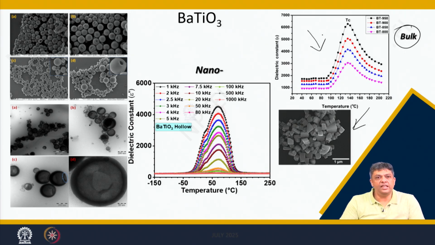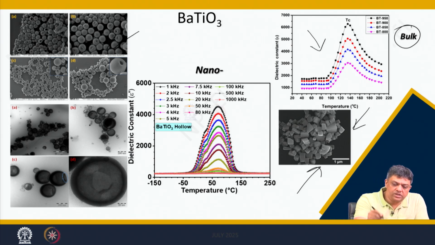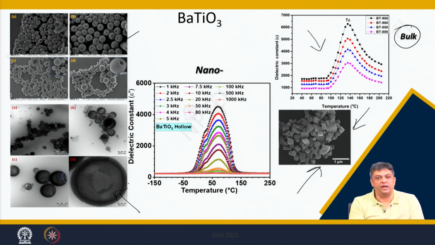But if you see the bulk, which has structures like this, cube or sphere or large structure, they are large size particles. You make nano size particles, for example these are hollow nanostructures of barium titanates, and take the corresponding dielectric constant curve. You will see that the phase transition at 130 degrees, that is cubic to tetragonal phase transition, is totally suppressed.